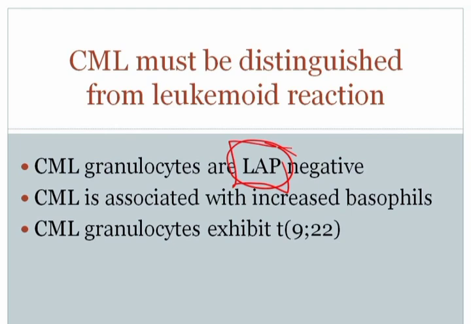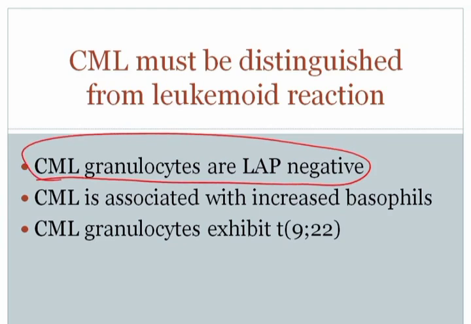And that makes sense because those cells are being generated to fight an infection. However, cells of CML, which are neoplastic, have no intention of fighting infection. They're basically having a party, a neoplastic party, and so they would be LAP negative. So it's very important to know that the CML granulocytes are leukocyte alkaline phosphatase negative, as opposed to those in a reactive condition like inflammation, in which case the leukocyte alkaline phosphatase would be positive.